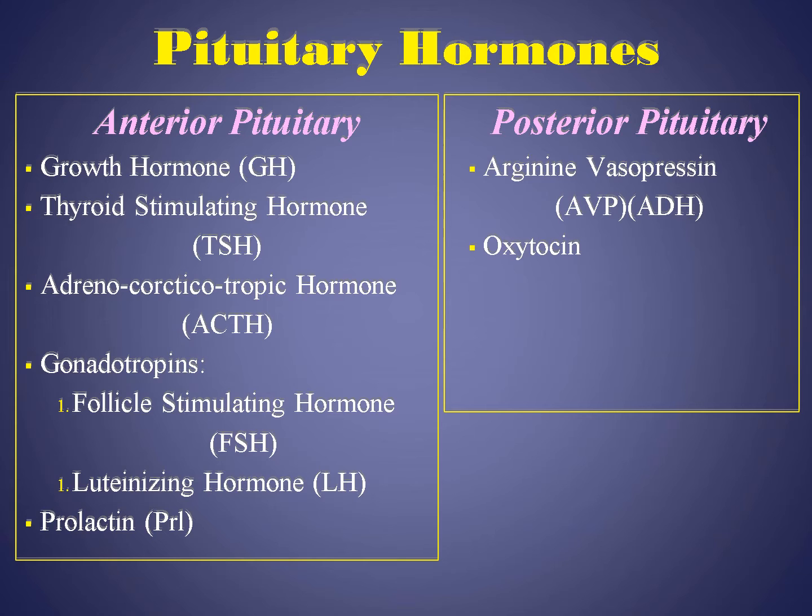While the posterior pituitary secretes only two hormones, which are arginine vasopressin, another name is ADH, as you know, antidiuretic hormone, and oxytocin.